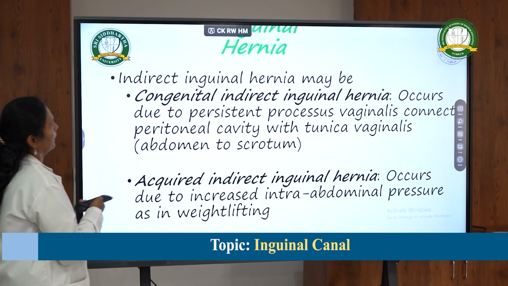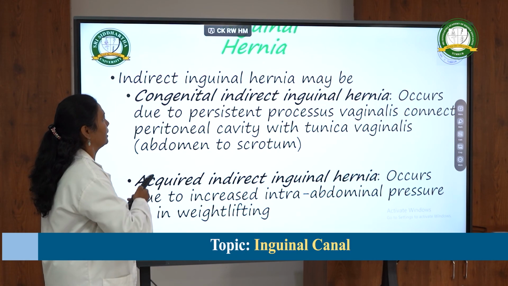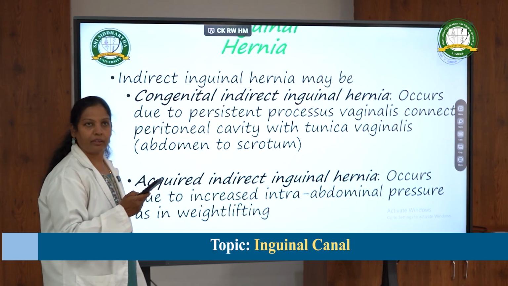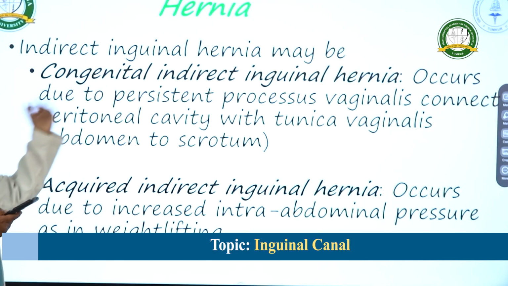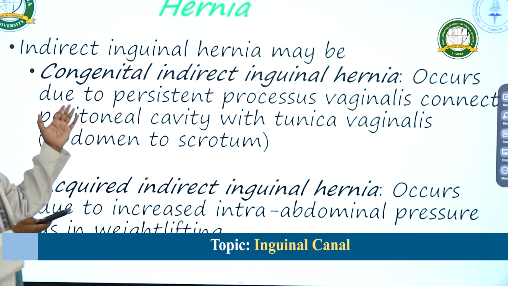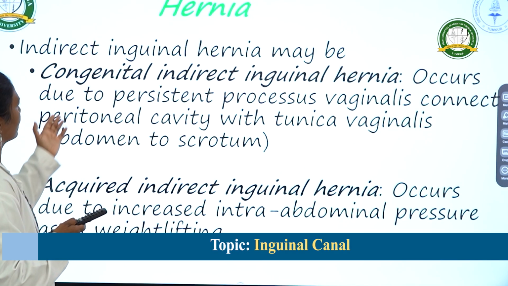Indirect inguinal hernia can be further classified into two types: congenital indirect inguinal hernia and acquired indirect inguinal hernia. Congenital indirect inguinal hernia is the more common when compared to the acquired.